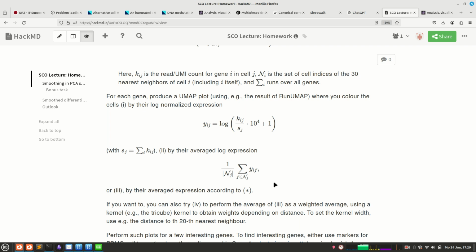I can also look at what we've just done before, where we said we want to make these smooth plots, where for each cell we smooth over the neighborhood. And of course we can do the same. We can take, for each cell, a neighborhood of its 30 nearest neighbors, and for these 30 nearest neighbors we do this whole t-test thing. 30 neighbors might not be enough, because we need a big enough neighborhood that we have a couple of cells from each donor.